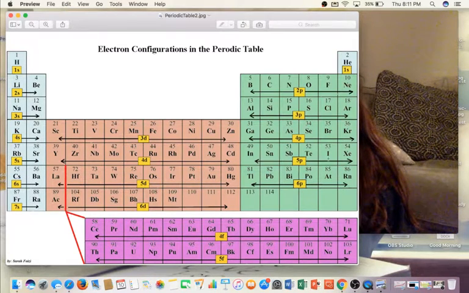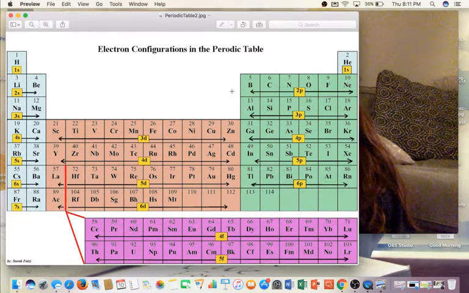The P blocks always start with 2. There is no such thing as a 1p. So that's 2p, 3p, 4p, 5p, 6p. For your D's, it always starts with 3D. There is no such thing as a 1D or 2D. So that is 3D, 4D, 5D, 6D.